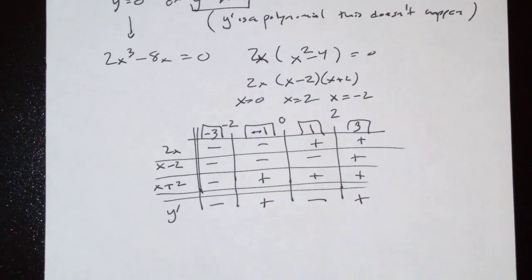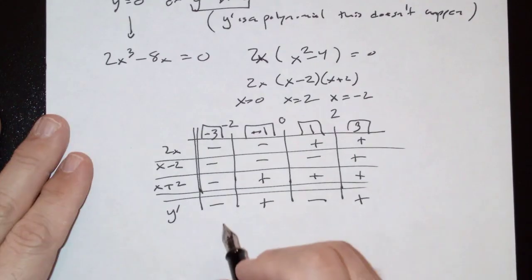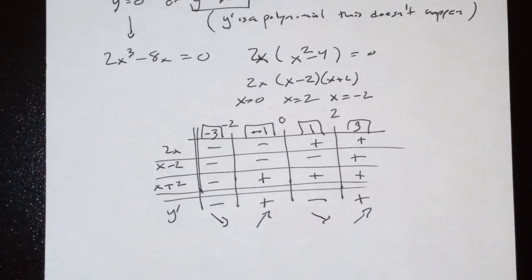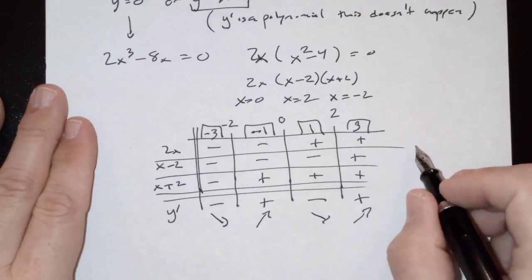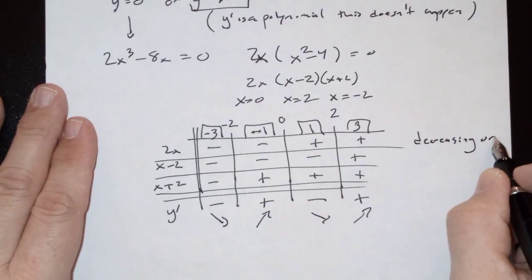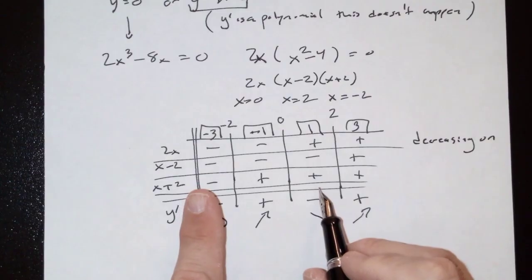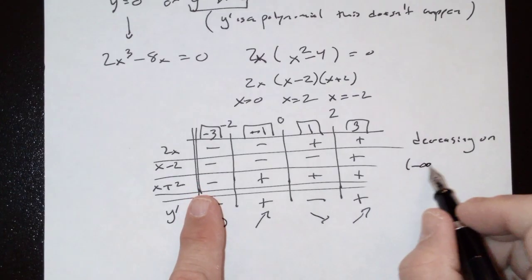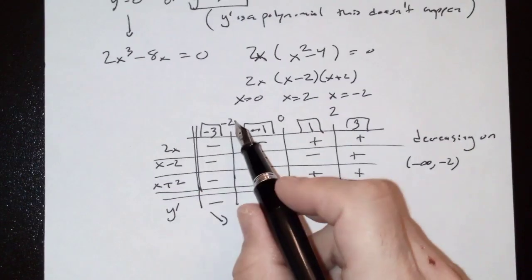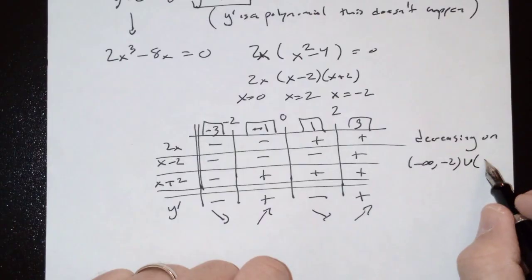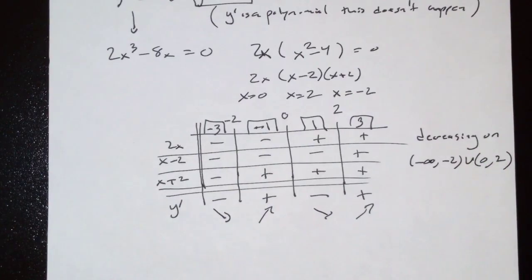and three positives. So right now, I think this graph goes down, up, down, up, which means we are decreasing on these two sections. Everything less than -2 and everything between 0 and 2.